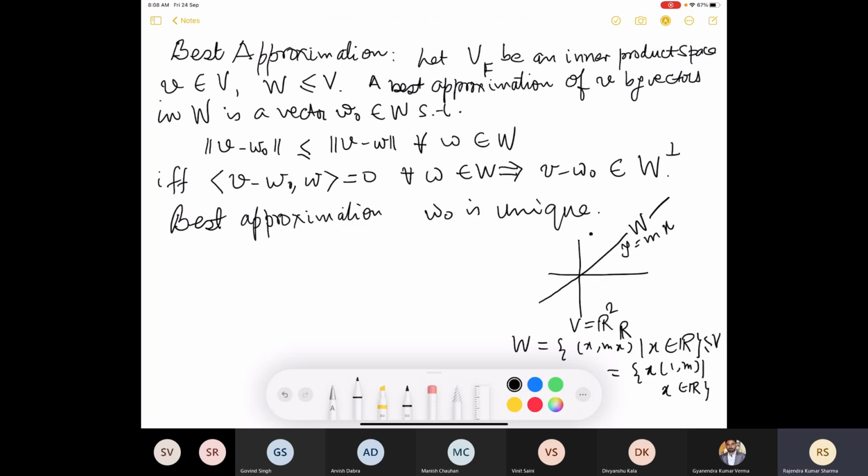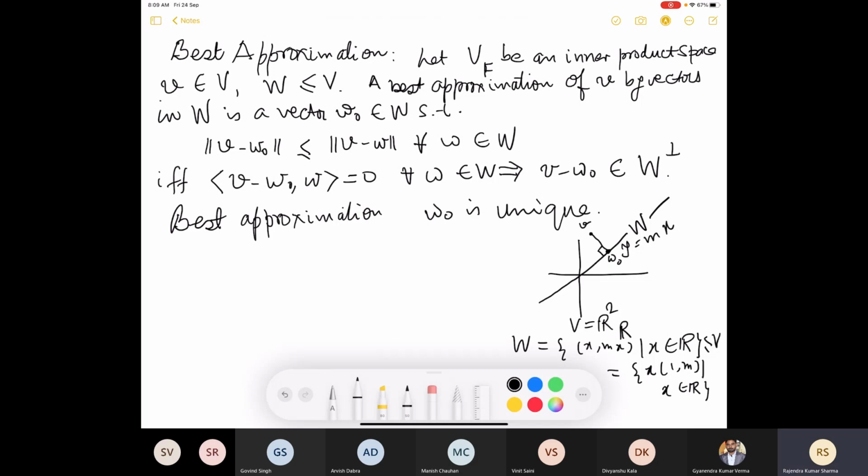So where is the W naught that we had seen? This says that this is orthogonal, so this is the foot of the perpendicular. So this is your W naught. W naught is in W, and these are the coordinates of V.